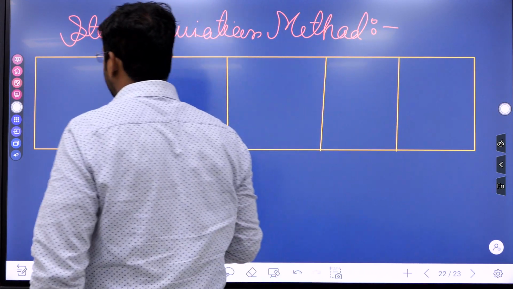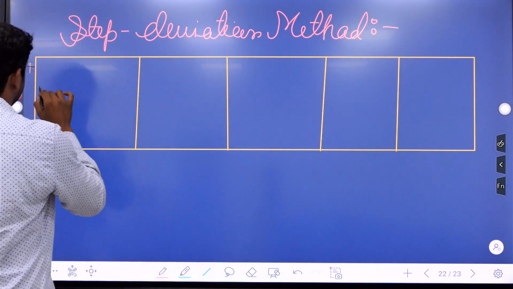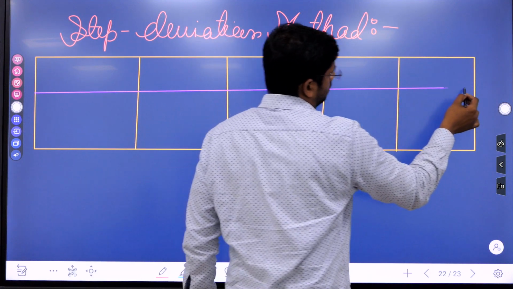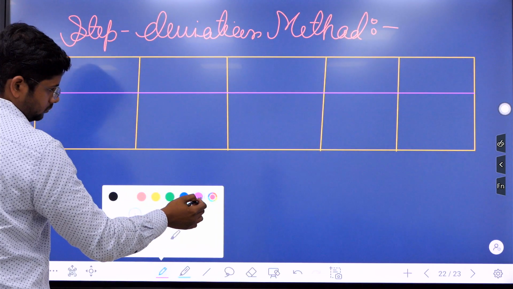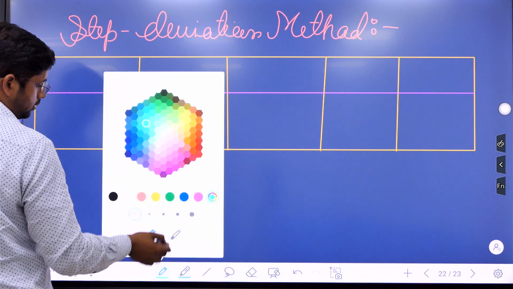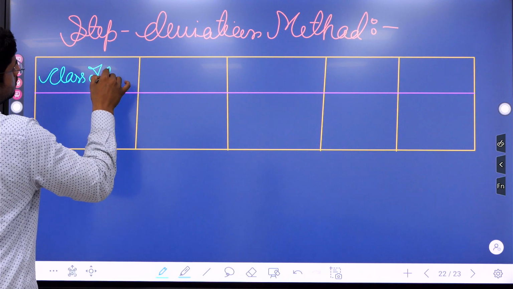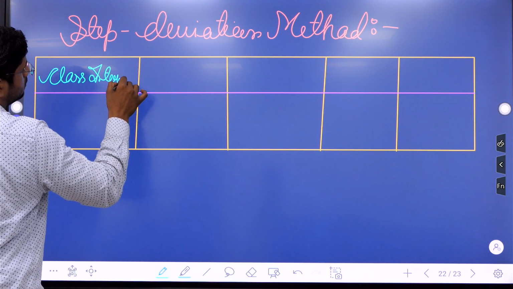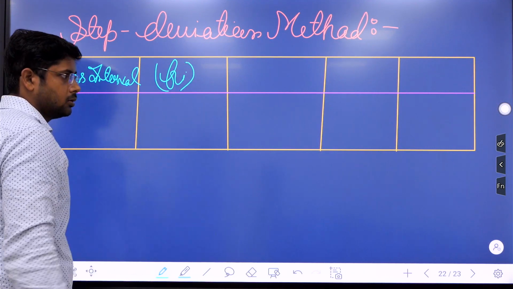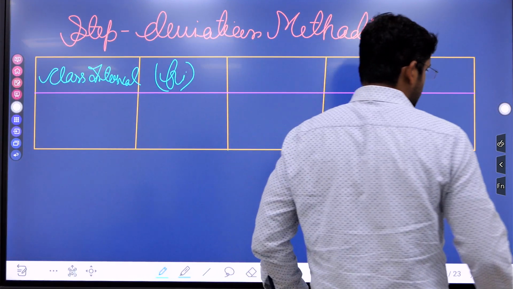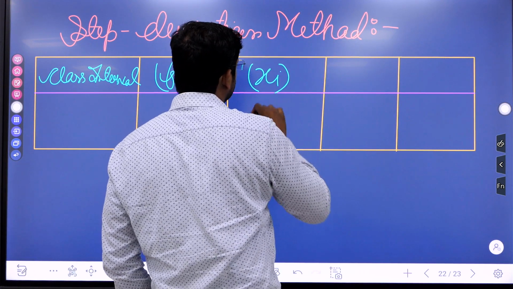First of all we draw class interval. The first is class interval, and then I write frequency, so I directly write fi. Just after fi comes xi, which means mid value.